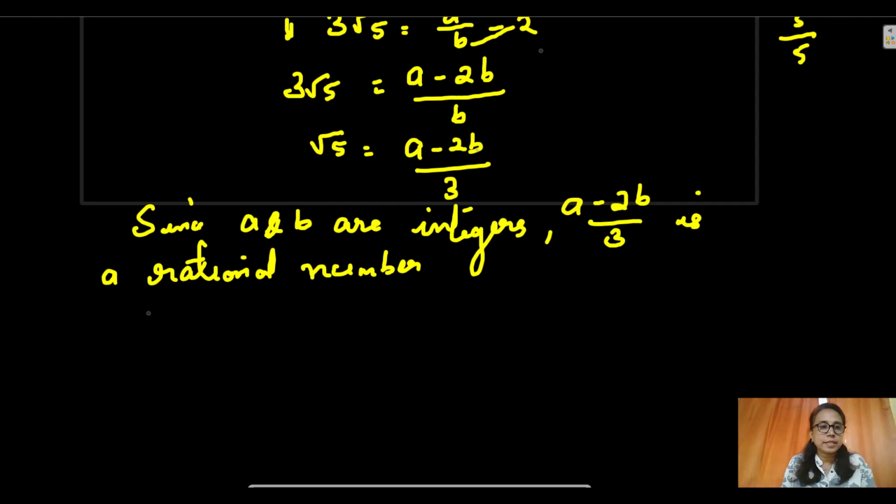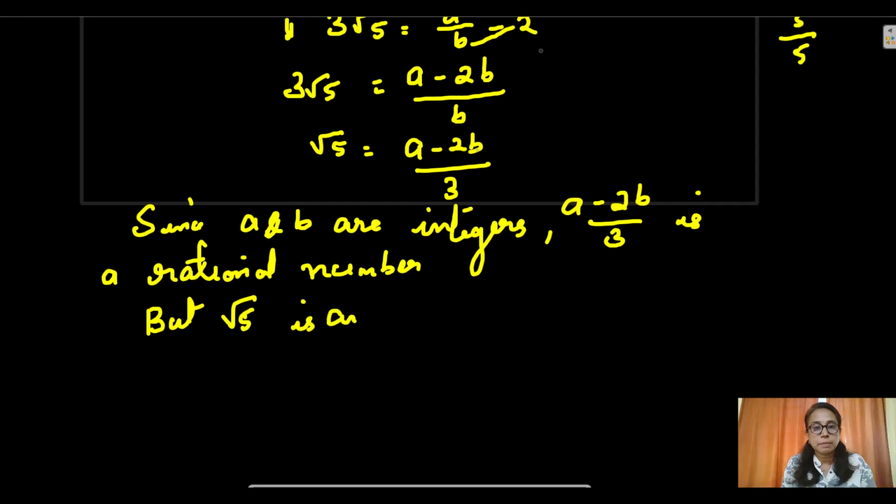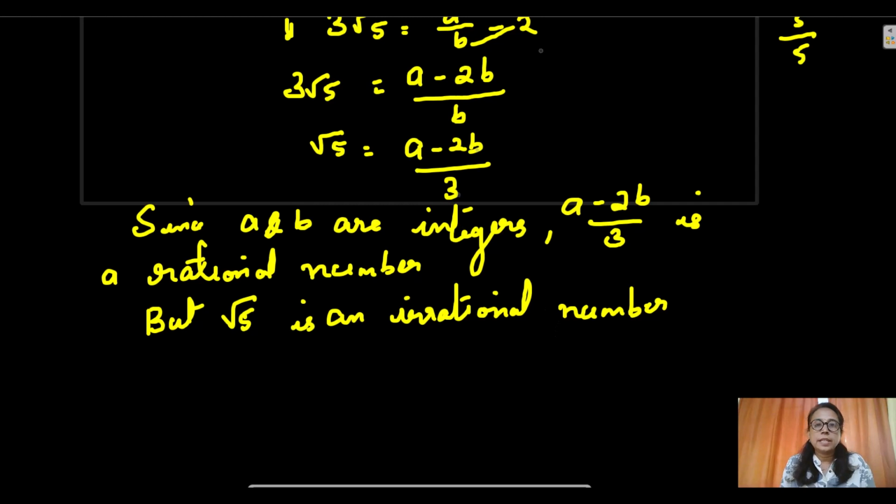But now you see LHS. What is LHS? Root 5 is an irrational number, right? But you see right hand side, that is a minus 2b by 3, is a rational number, but left hand side is an irrational number, right?